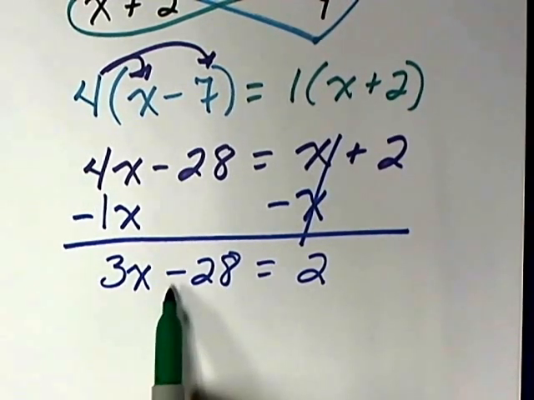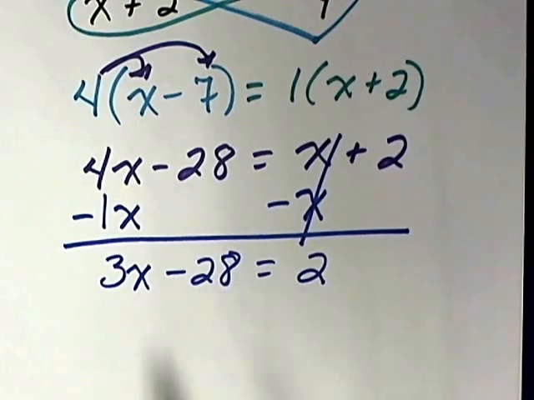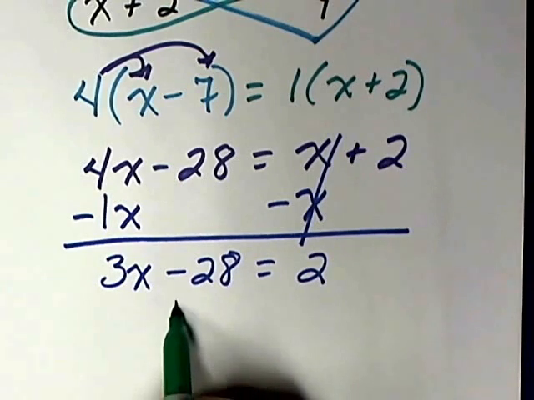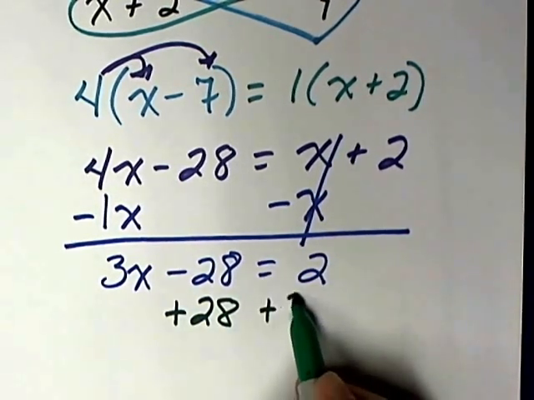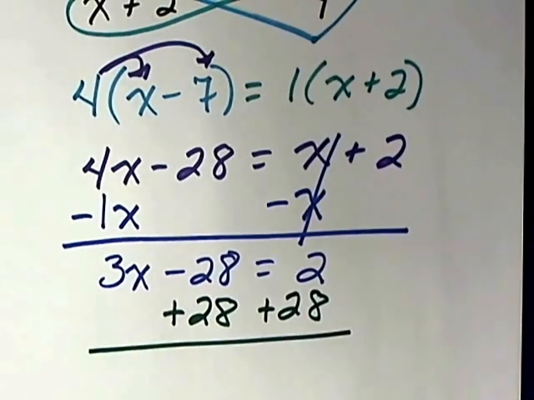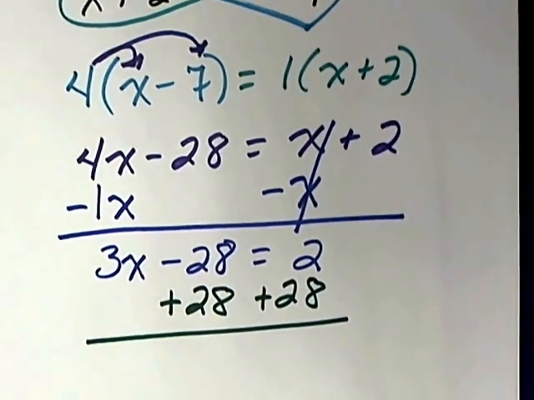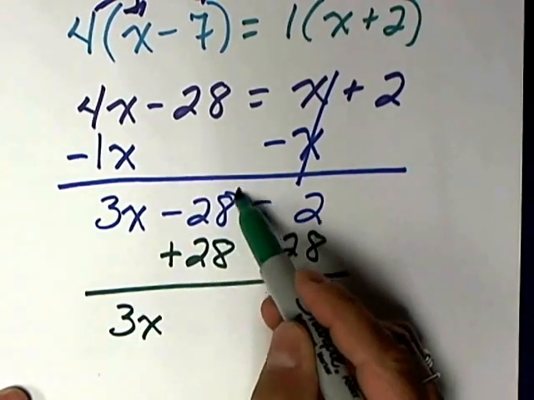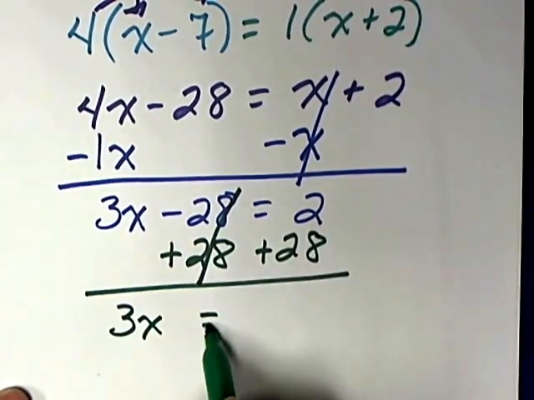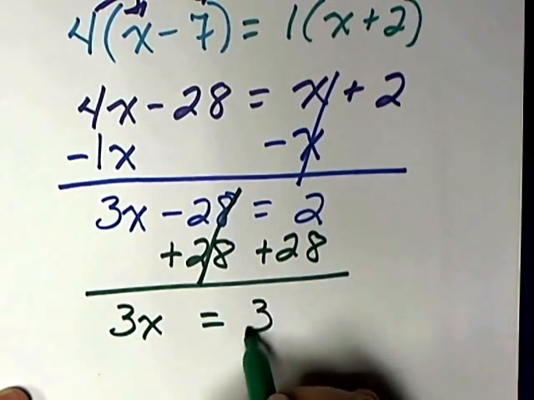The 28 is negative because the sign in front of the term goes with the term. So to cancel out taking away something or a negative is to make it positive. So we add 28, and once again, whatever you do to one side, you do the same thing to the other side to keep it balanced. The 3x comes down for the ride. The 28s cancel out. If they don't, you did something wrong. And on the right side, we are now left with 30.